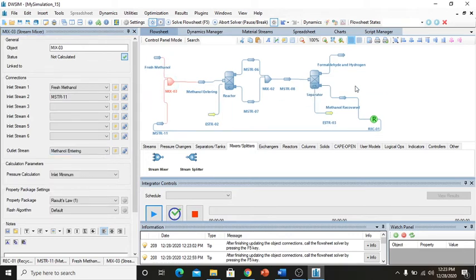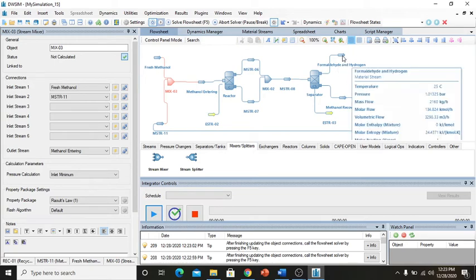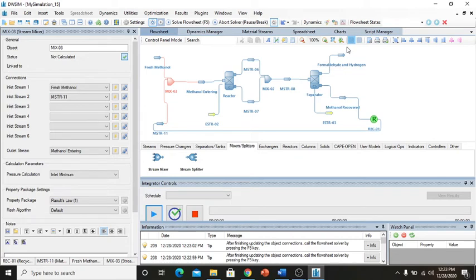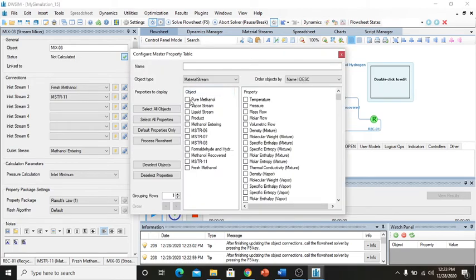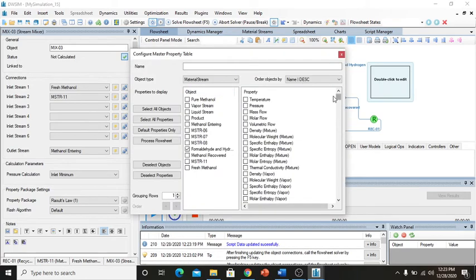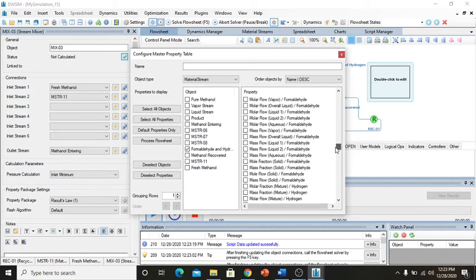Okay, so the same here, it should contain 900 kilograms per hour of formaldehyde. To clearly see that, we will be using a master property table. The master property table is for the formaldehyde and hydrogen stream, and it should show 900 kilograms mass flow of formaldehyde.